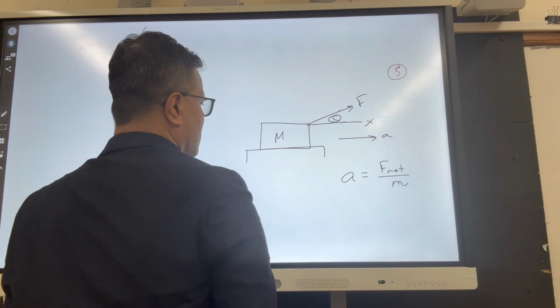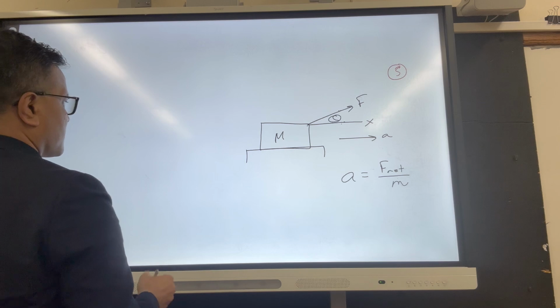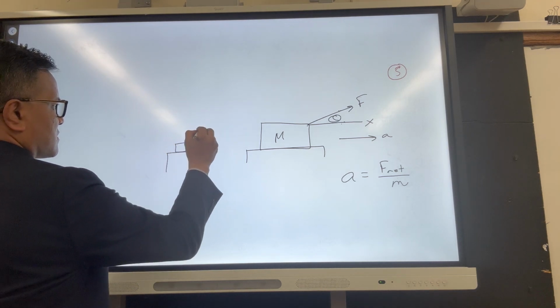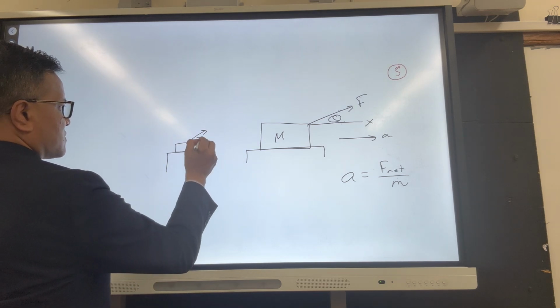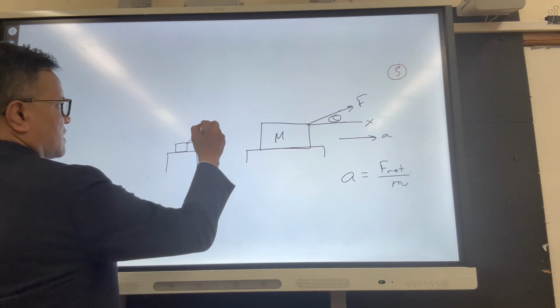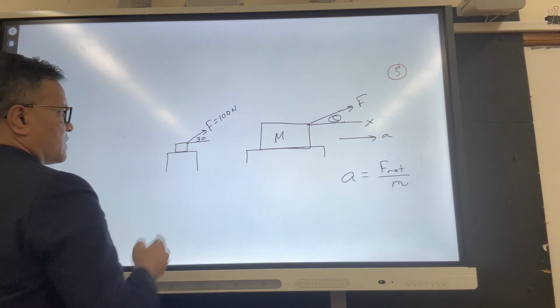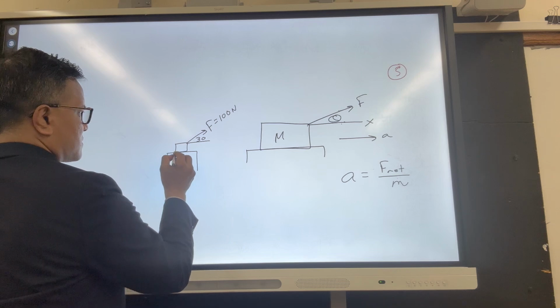Why is that? Let's consider two scenarios. Scenario one, let's pull it with F of 100 Newton at 30 degrees. The box is, I don't know, 10 kilogram.